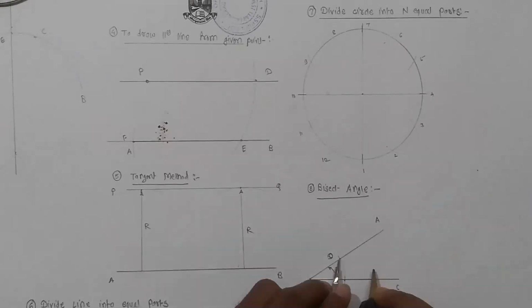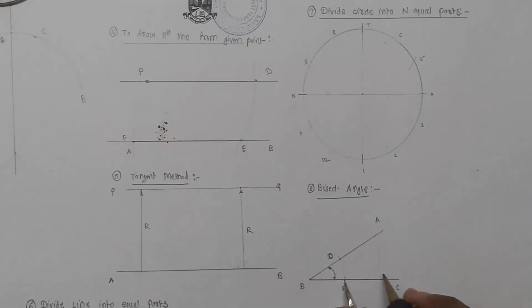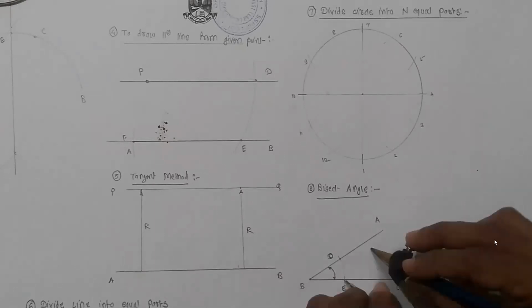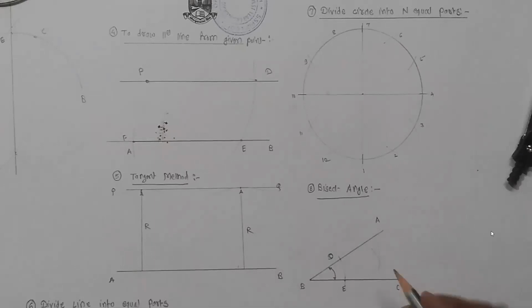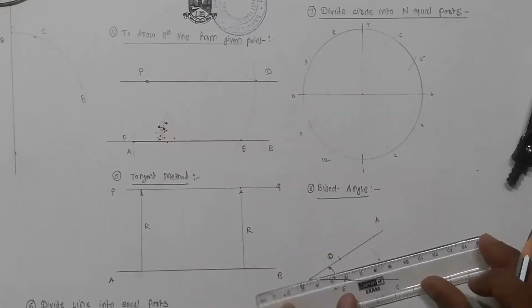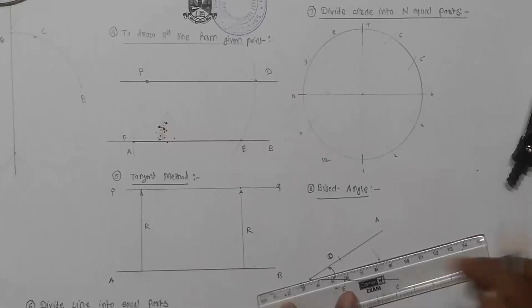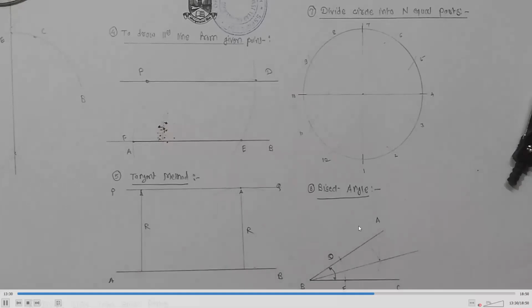Now select a suitable distance, and from point D draw the arc like this, and draw the second arc from the point E, find the intersection, and join this intersecting point with the point B. So in this way, you can bisect the given angle.